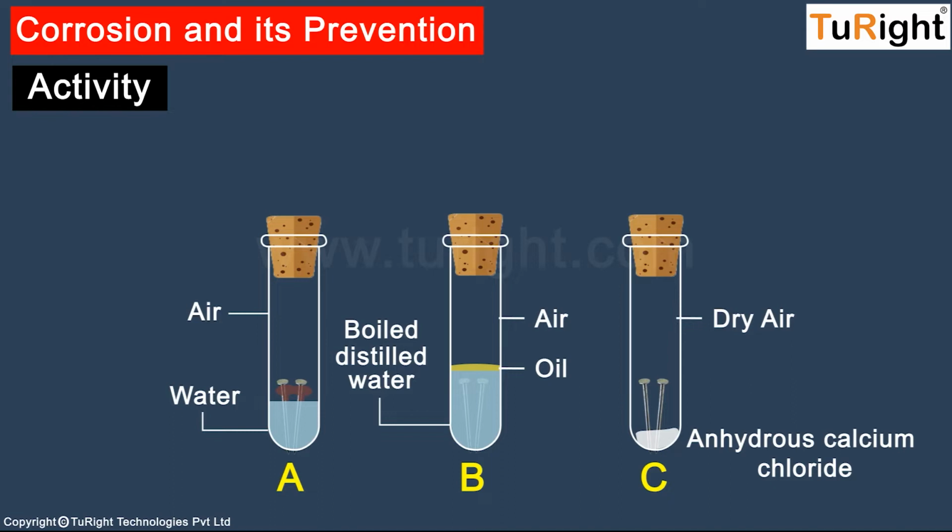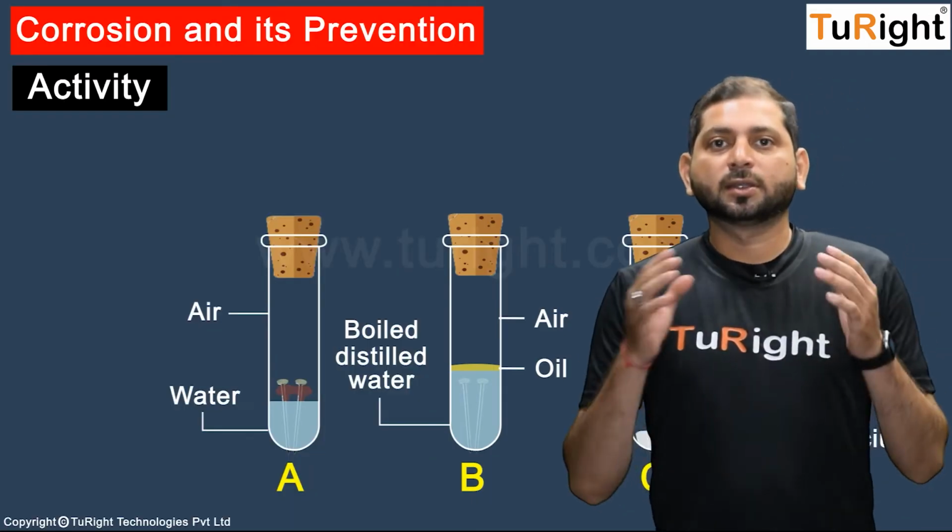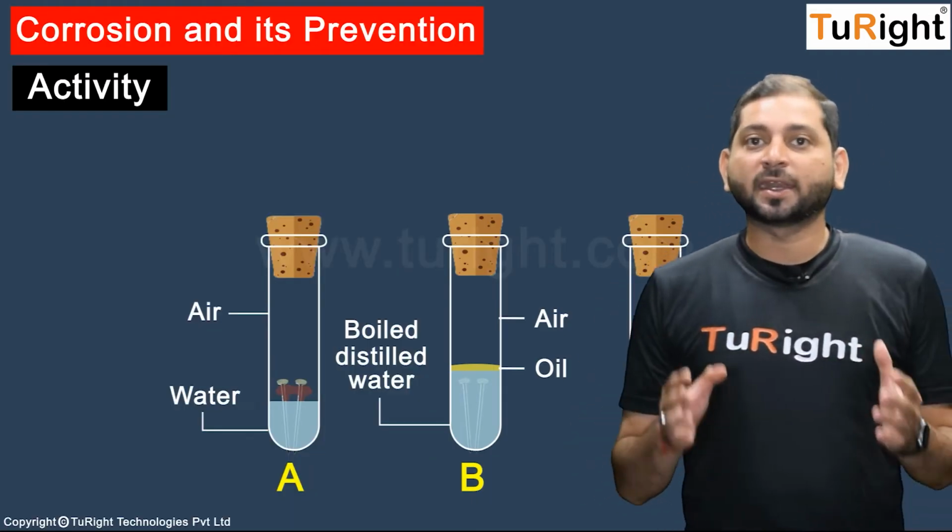You will observe that iron nails rust in test tube A, but they do not rust in test tubes B and C. In test tube A, the nails are exposed to both air and water. In test tube B, the nails are exposed to only water, and the nails in test tube C are exposed to dry air.